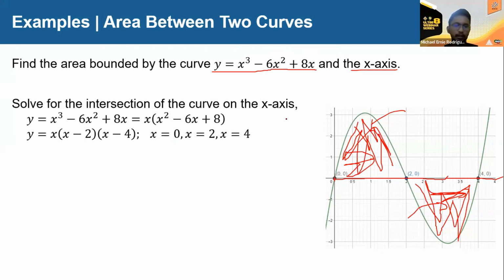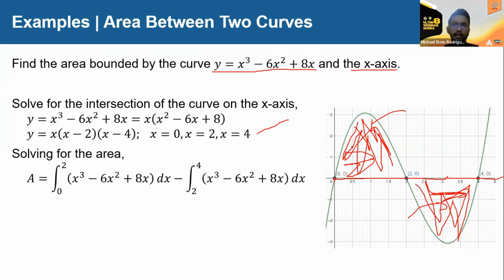So once we know this, solve for the area. We have area 1 and area 2. The first area is from 0 to 2, and the second is from 2 to 4. So we have the integral of x cubed minus 6x squared plus 8x dx with limits from 0 to 2, and then minus the integral of the same function, x cubed minus 6x squared plus 8x dx, with limits from 2 to 4.